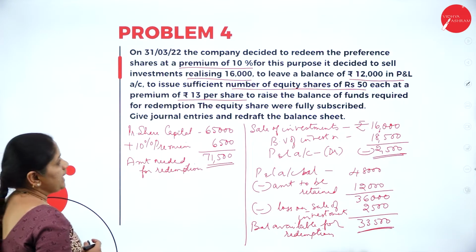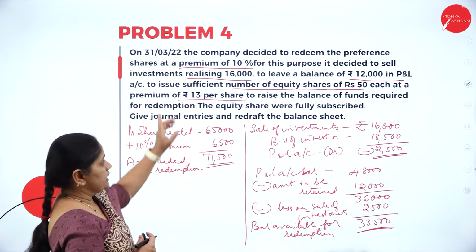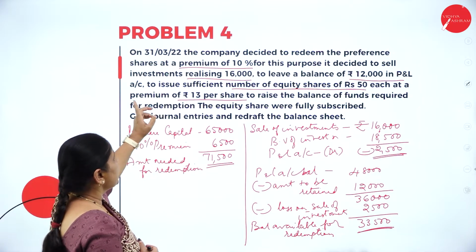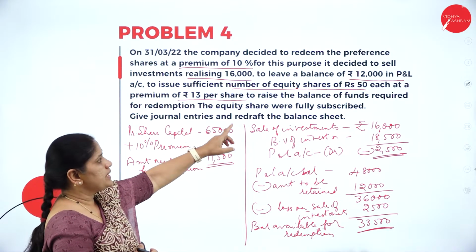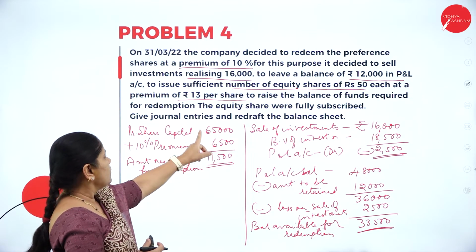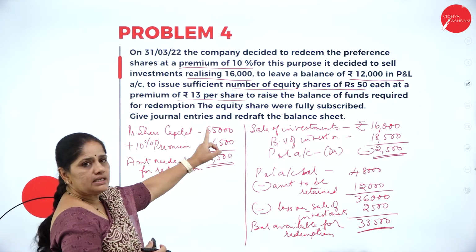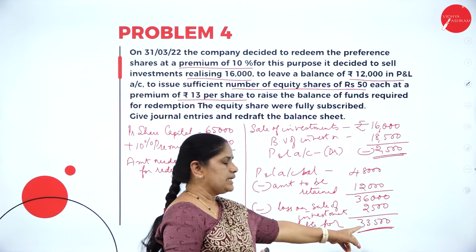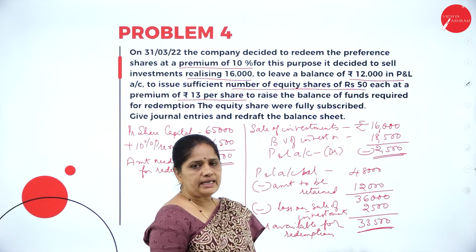Now they are telling us to issue a sufficient number of equity shares of rupees 50 each at a premium of rupees 13 per share to raise the balance of funds required. What is the share capital here? 65,000. What is the amount available? 33,500.